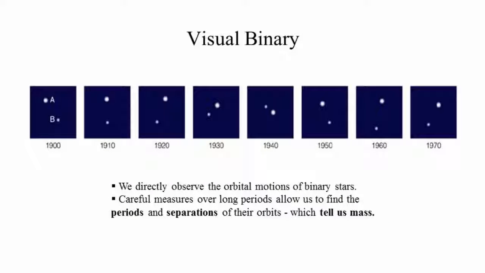In our first diagram, we notice again a visual binary. Now stars, it turns out, are separated by great distances, and it takes quite a bit of time, in general, for them to orbit around each other. They may not orbit as quickly as the Earth goes around the Sun. So the point is this. Over the years, astronomers would carefully measure the positions of stars as they orbit each other.